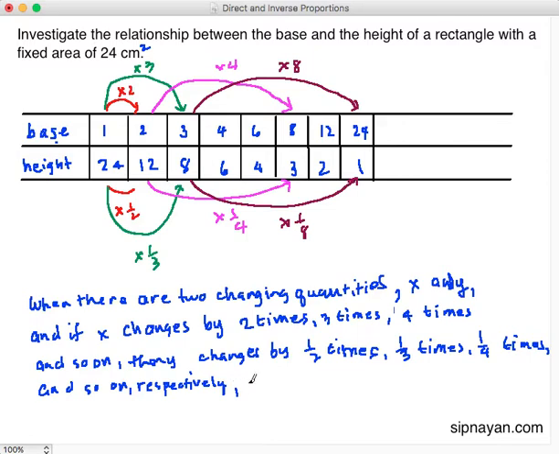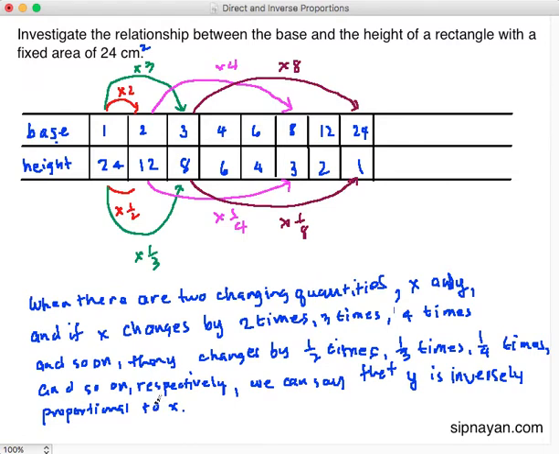Sa first video in this series, ang tawag natin doon is direct proportion. Here, ang tawag natin dito ay inverse proportion. So, we can say that y is inversely proportional to x.